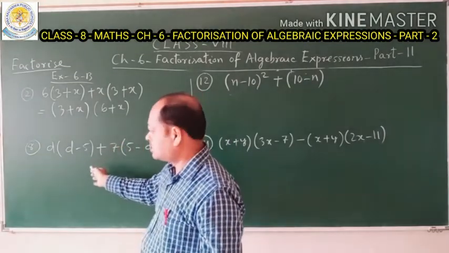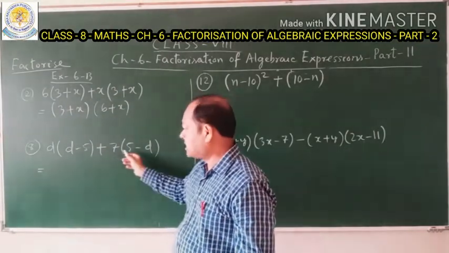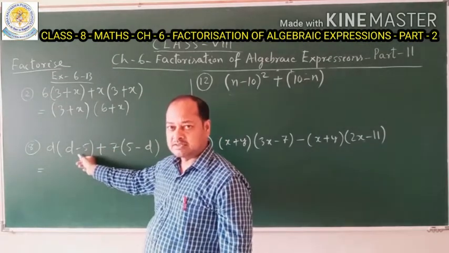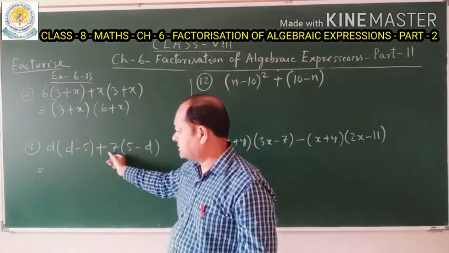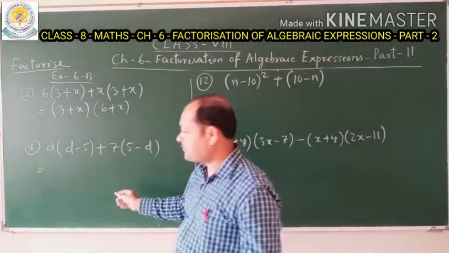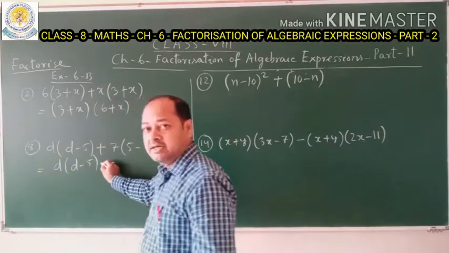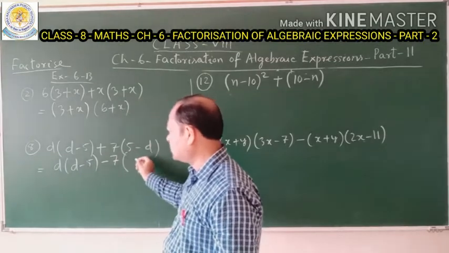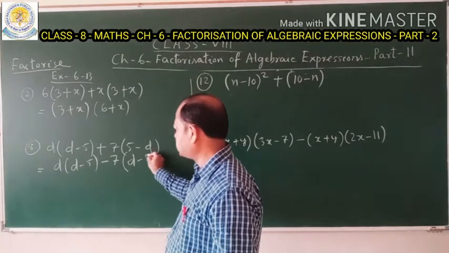Now look at this question. Here d minus 5 is inside the bracket, and there 5 minus d. To make it the same binomial factor, we have to change the sign. If you change the sign, it becomes d minus 5. So d into d minus 5, and look at the other term, where we change the sign: plus 7 becomes minus 7, and the bracket becomes d minus 5.